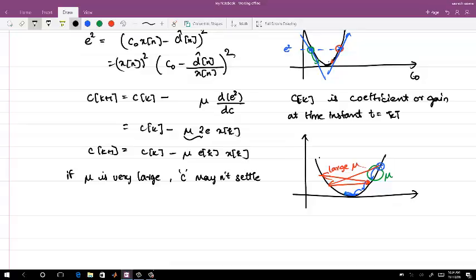You will always keep on oscillating around the minima. Whereas if mu is very small, it takes a long time for settling. So there is always a trade-off between the two.